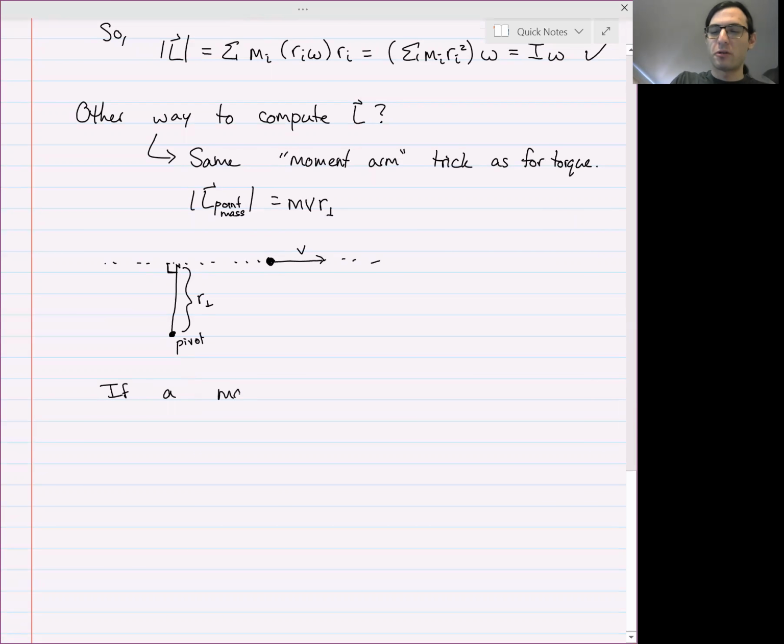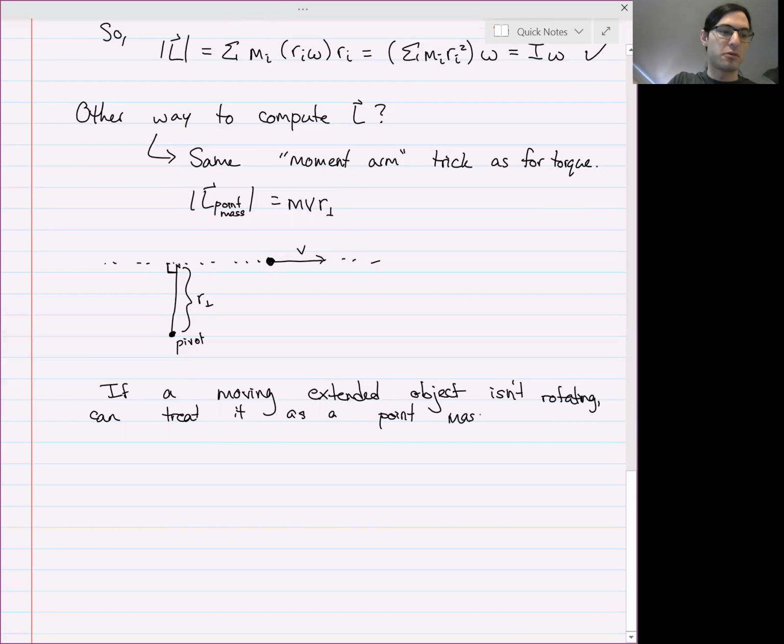If a moving extended object isn't rotating, we can treat it as a point mass at its center of mass for the purposes of computing L.